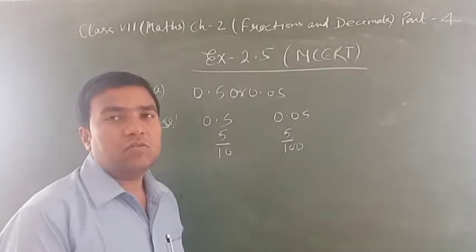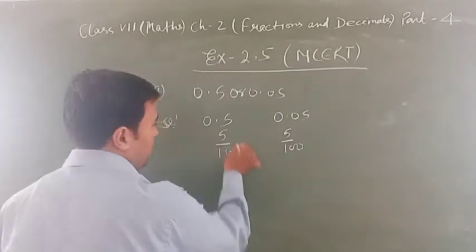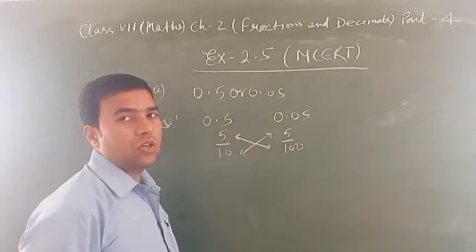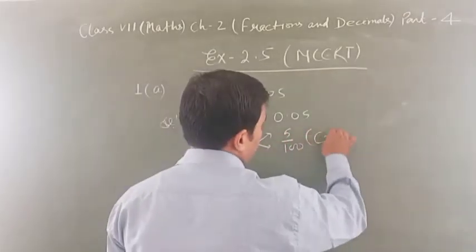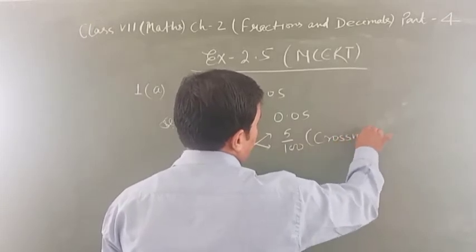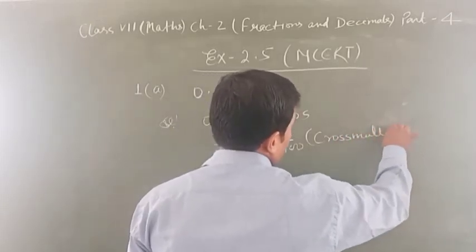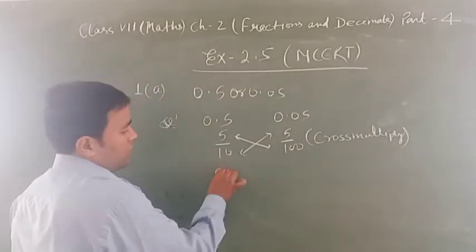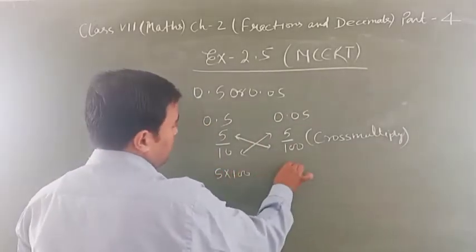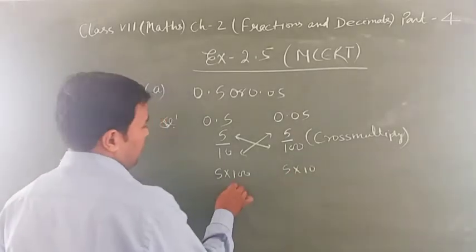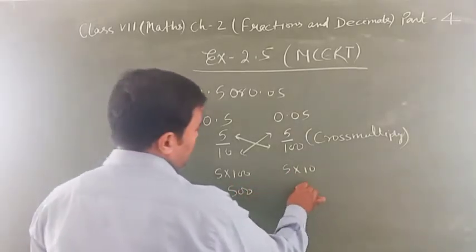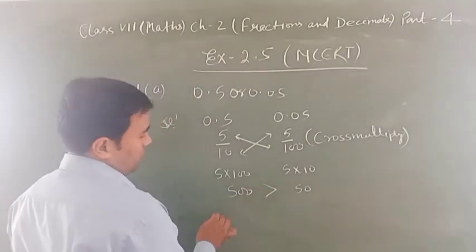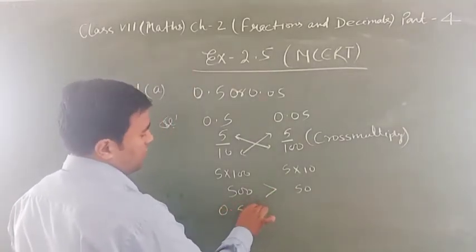After that, to find which is greater, you can cross multiply: 5 into 100 is 500, and 5 into 10 is 50, so 500 is greater, which means 0.5 is greater.